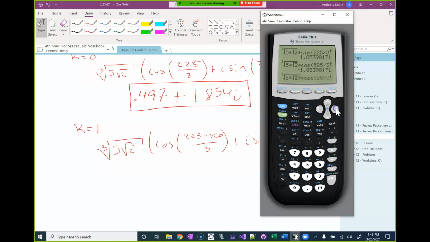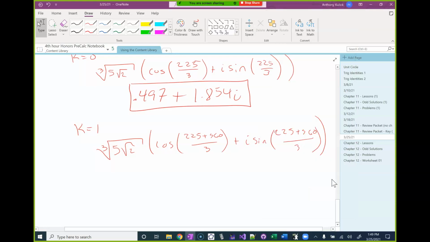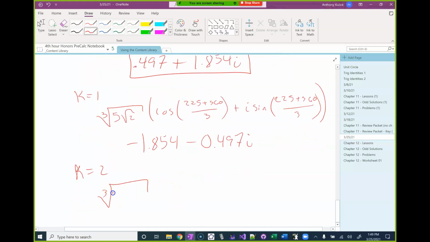So negative 0.854 and negative 0.47, okay? K equals 2. I'm going to be adding 720, 360 times 2.